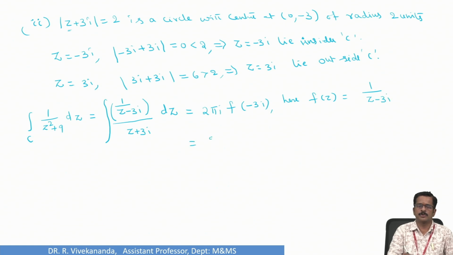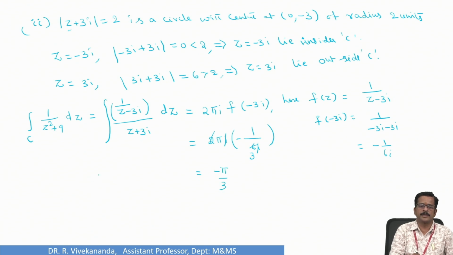So it equals 2 pi i into f of minus 3i. F of minus 3i means 1 by minus 3i minus 3i, which is minus 1 by 6i. The i cancels, and 2 ones, 2 threes, so it is going to be minus pi by 3.